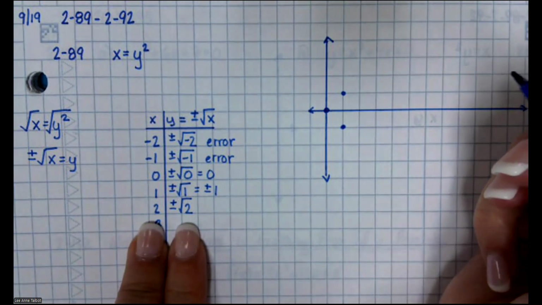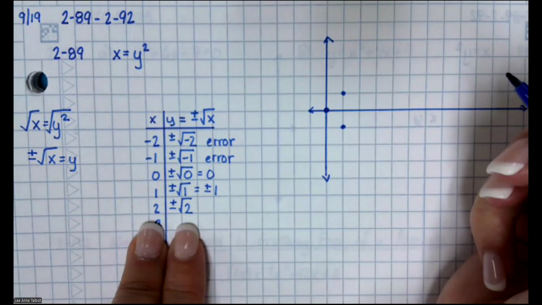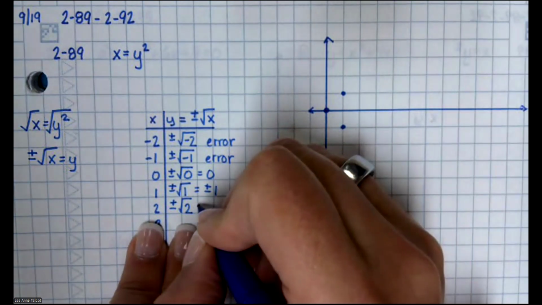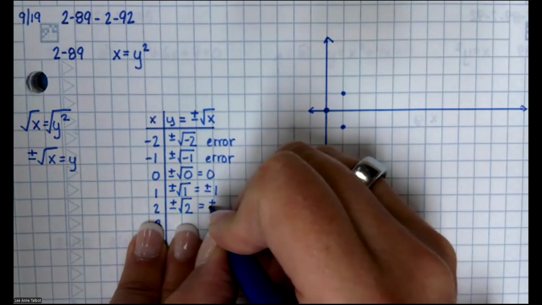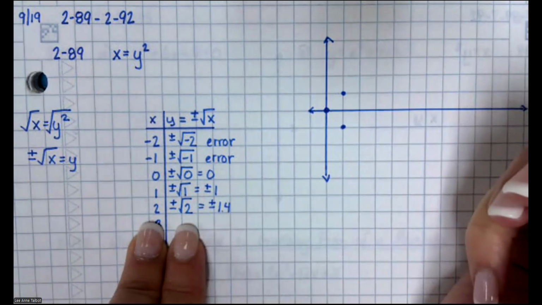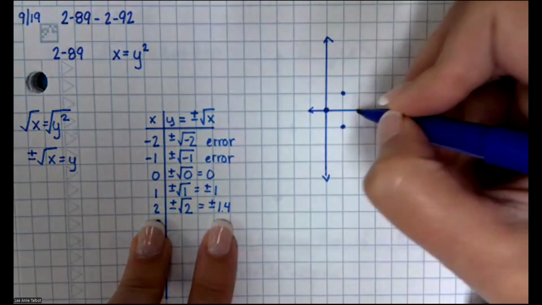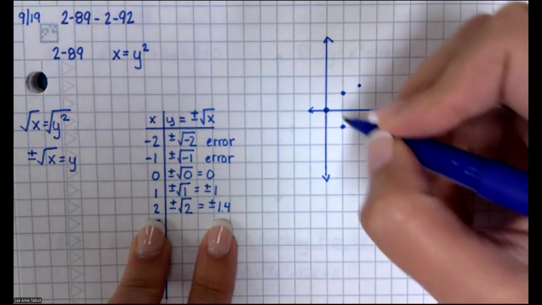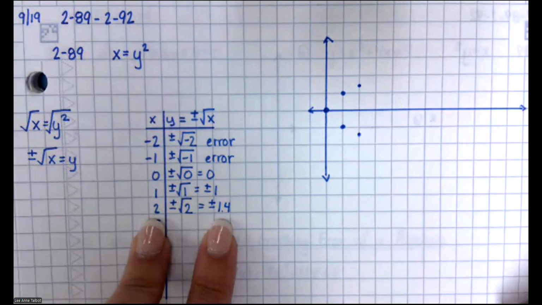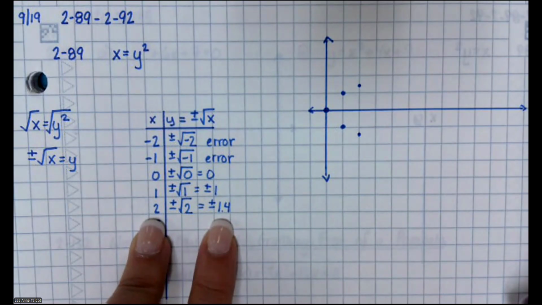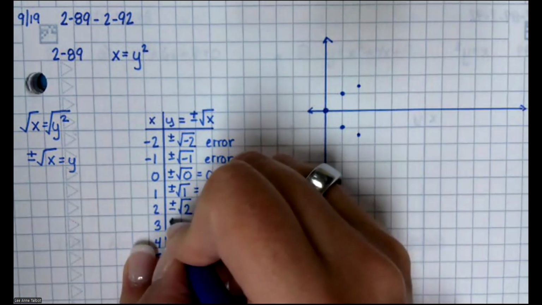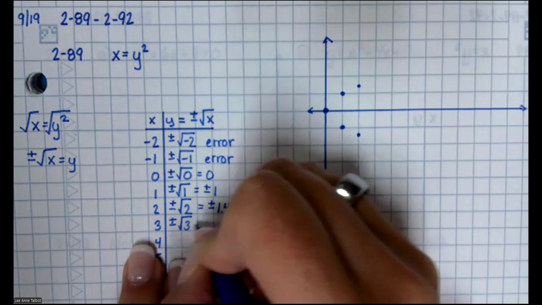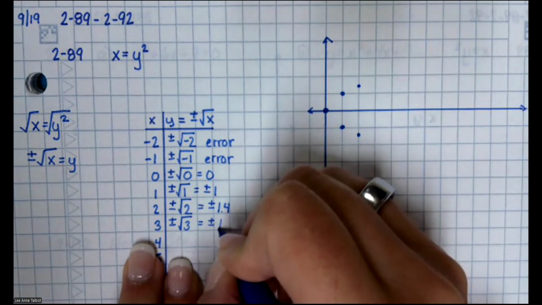Anybody know an approximation for the square root of 2 right off the top of their head? Yep, it's 1.4. Great job. Okay, so we go to positive 1.4 and negative 1.4. Does anybody know the square root of 3? 1.7.